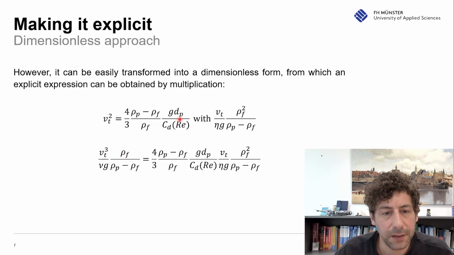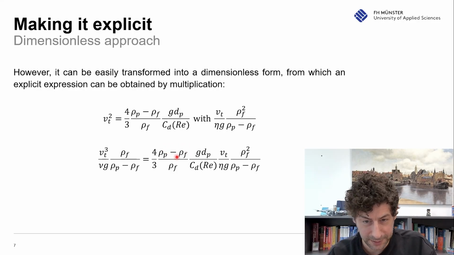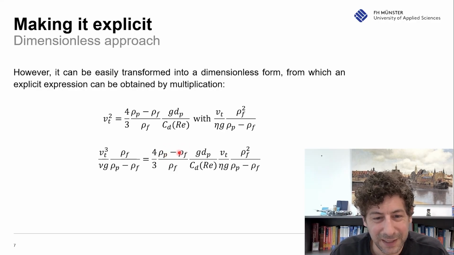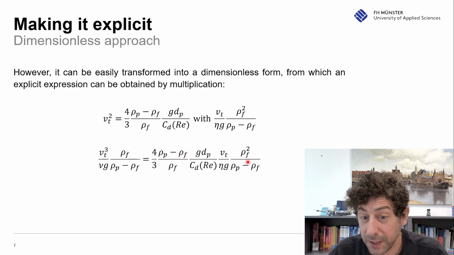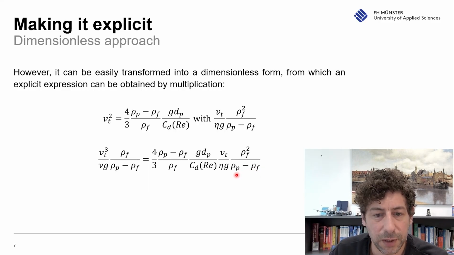And on the other hand, we just have this full part here. And if you look now at this full expression, you should recognize something. And what you recognize is this one cancels out, right? Density of the particle minus density of the fluid divided by density of the particle minus density of the fluid. So this cancels out. Then the g goes out.